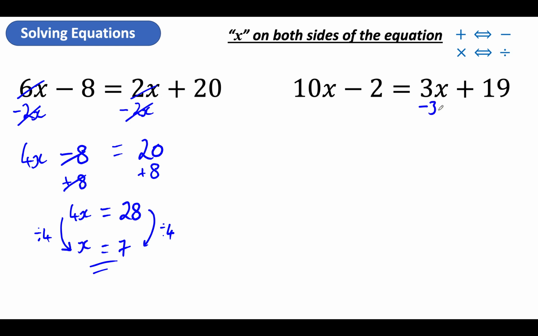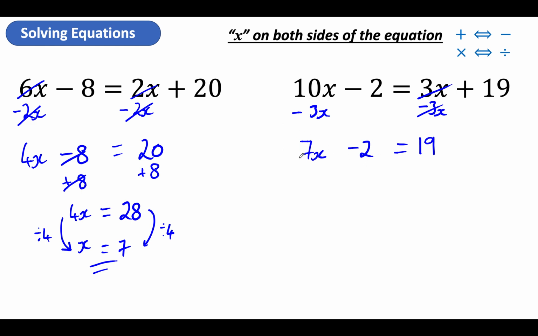So we'll take away the 3x from both sides. 3x take away 3x leaves nothing, so that will just leave the 19 on its own. It's positive 19, but I don't need to write the positive because it's built in. And 10x take away 3x leaves 7x minus 2. The minus 2 hasn't been adjusted, it's still just there. Then we've got a two-step equation.